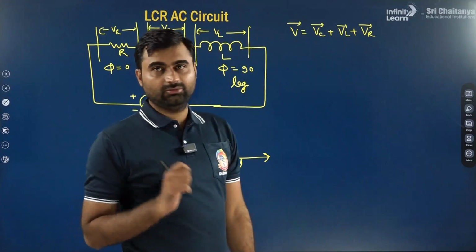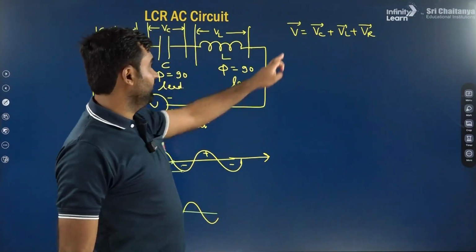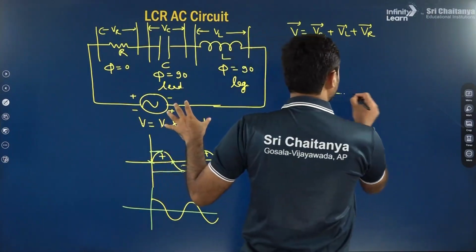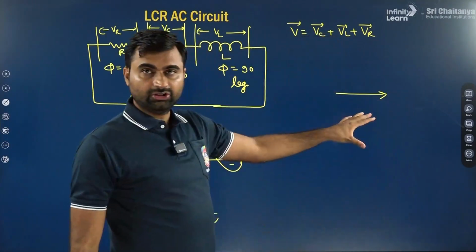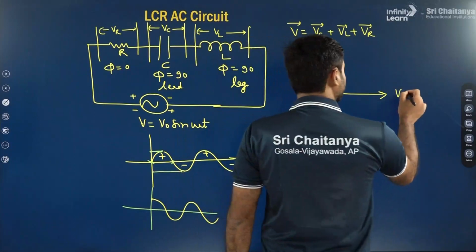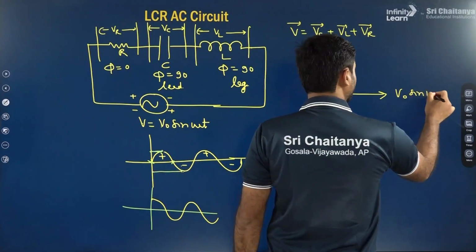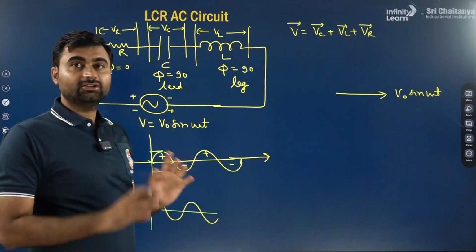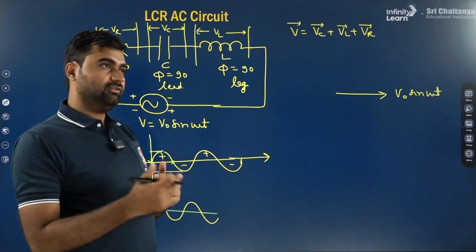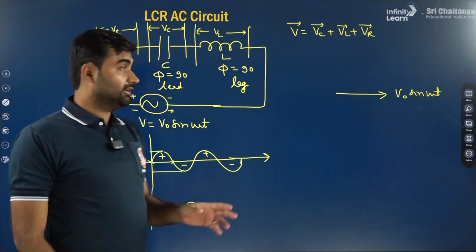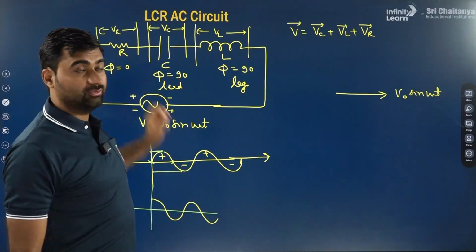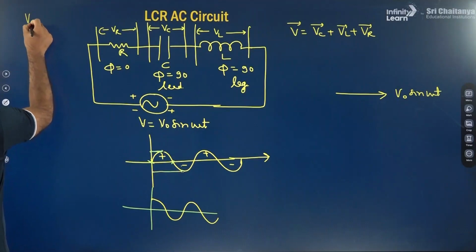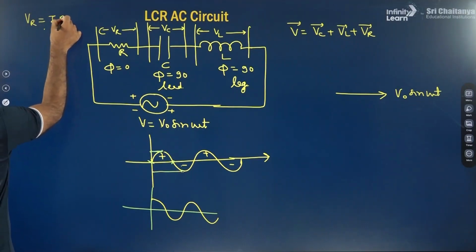Now how will we solve it? First we have to represent the applied voltage direction. Suppose this applied voltage is in this direction, V naught sin omega t. Now current in the resistor, no phase difference. How much is the VR value? IR. So this VR value is IR.